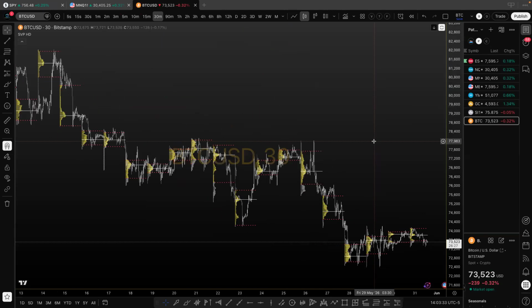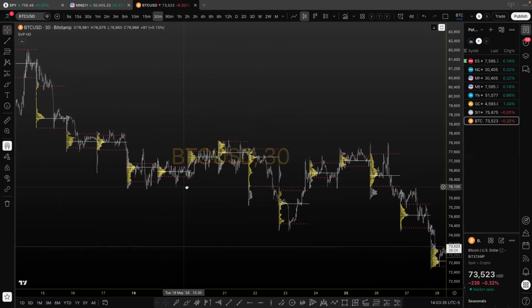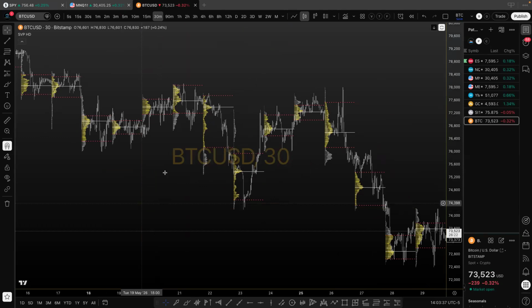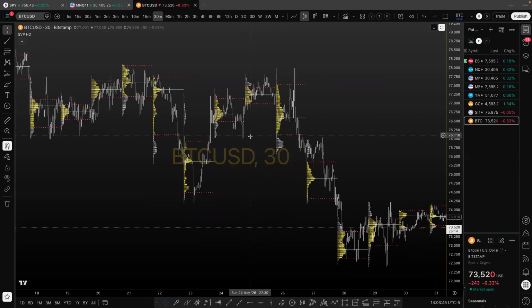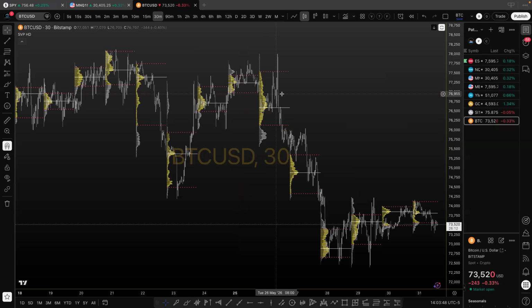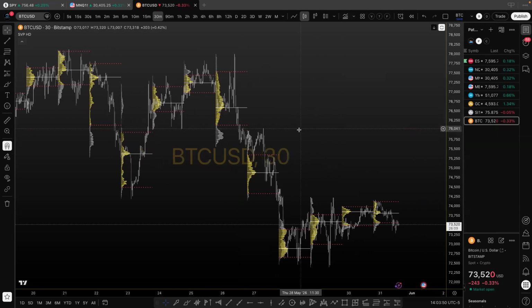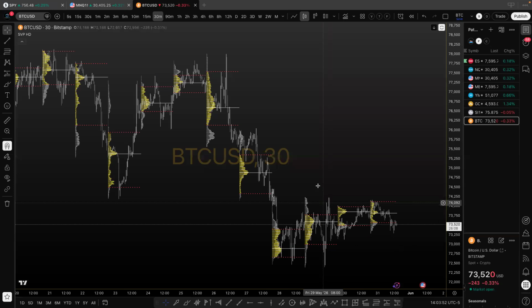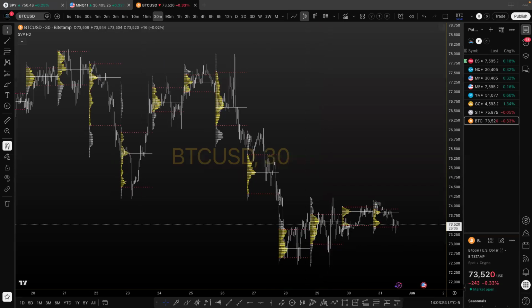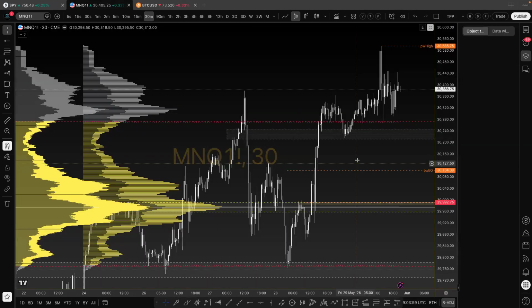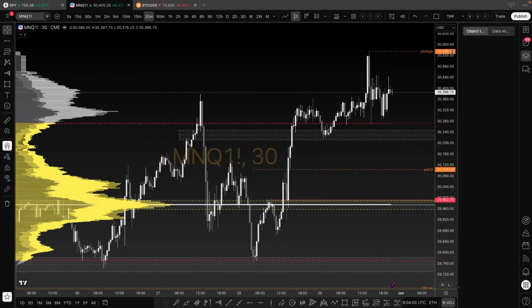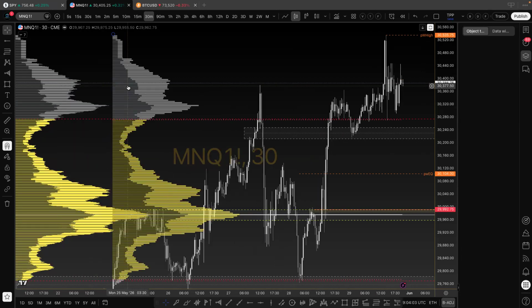We are here downtrending, downtrending. I'm not finding anything super clear right now, but that's the idea. Anyway, any other questions about these volume profiles?